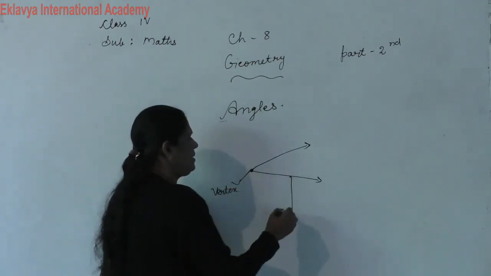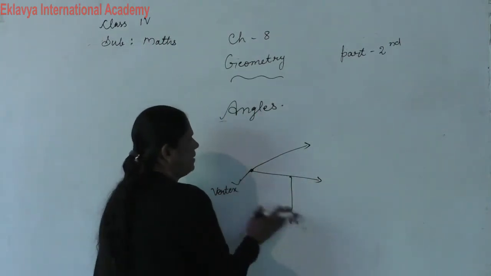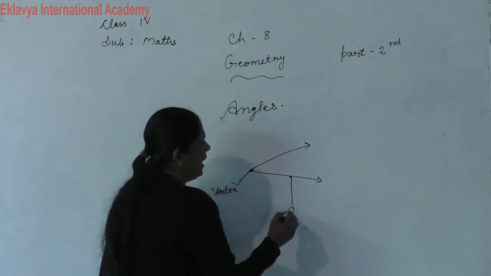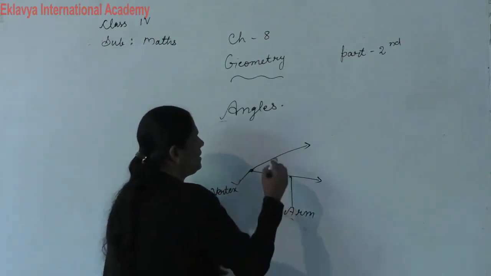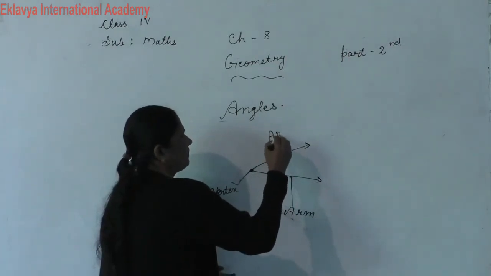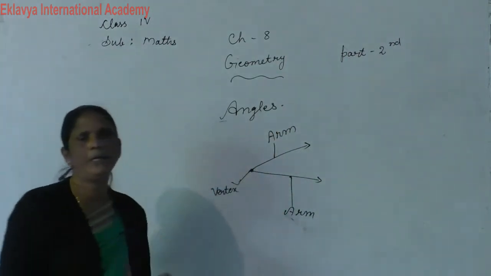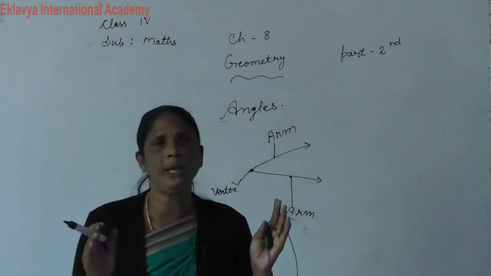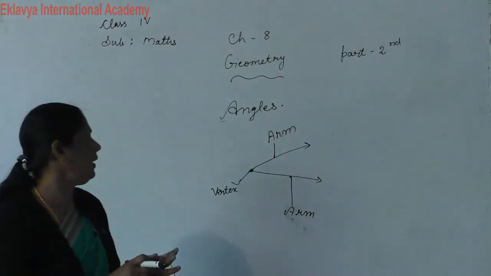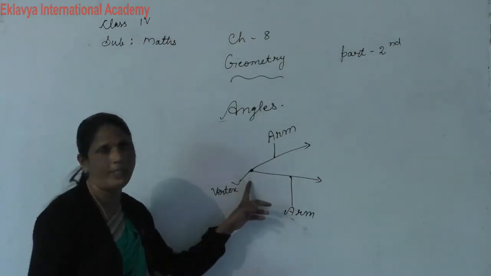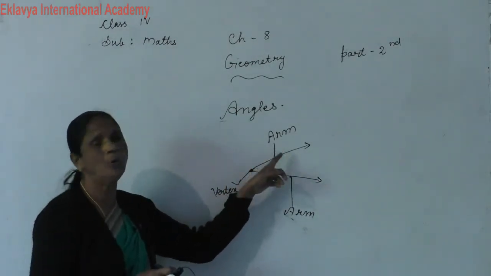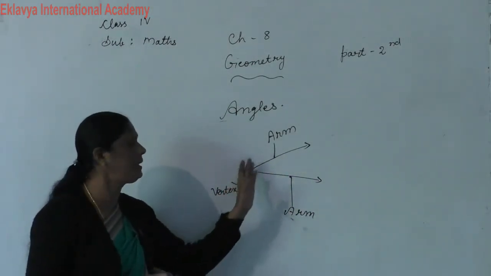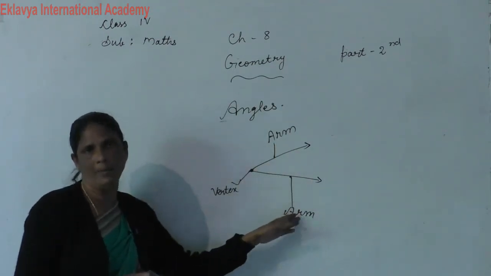Then this arm and this arm. What is that? Angle. Two rays are forming an angle. It has one vertex and two arms.